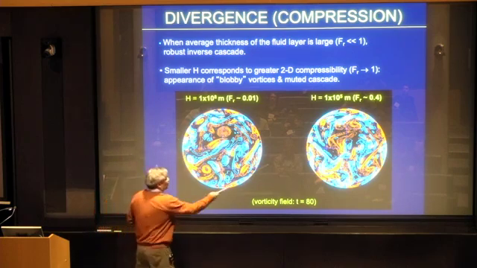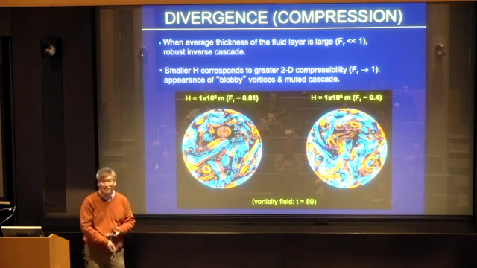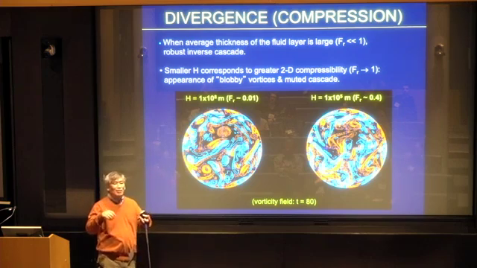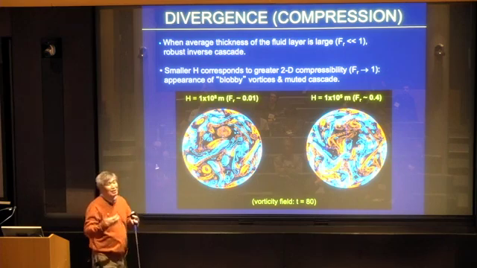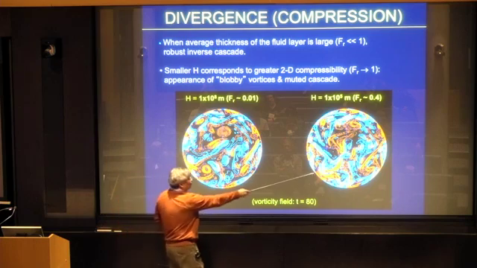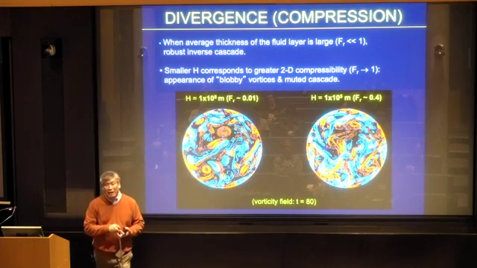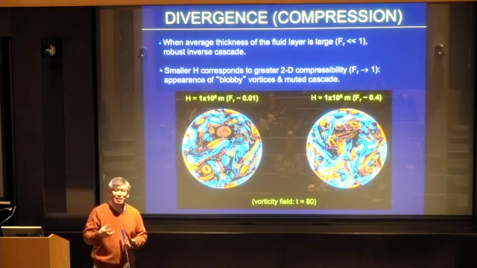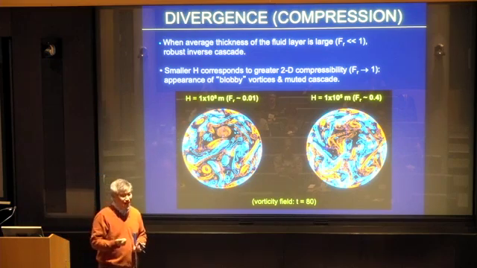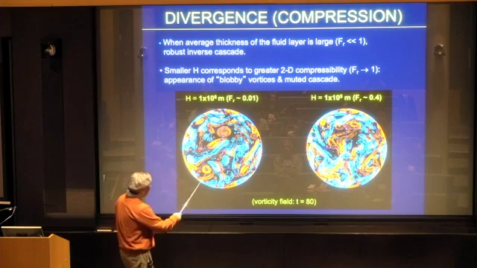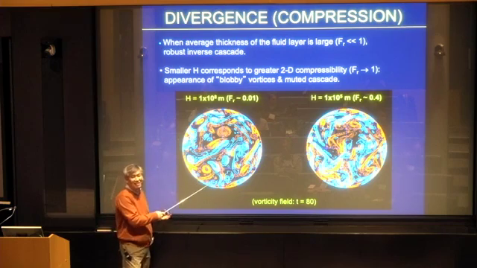And allowing compressibility to enter into the problem makes the vortices, which start to emerge as a physical manifestation of inverse cascade, look more blobby. Physically, the reason why that happens is that compressibility introduces a length scale in the problem called the deformation radius, which is like the interaction length between vortices. So here, the interaction length is essentially infinite.